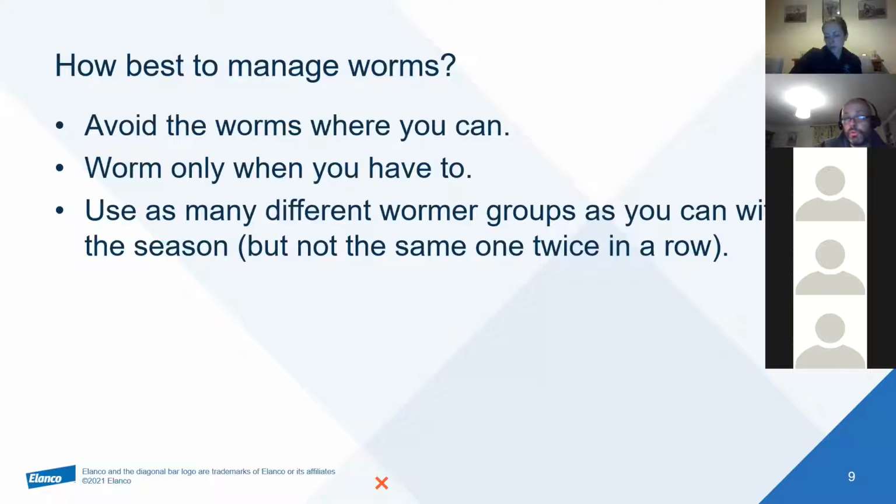So you'd use one wormer one year and then a different wormer group the next year. And we know now that that really doesn't make a lot of difference to how resistance develops, but changing about and using different wormers within the same season does make a difference. So that's what we want to try and think about doing now.